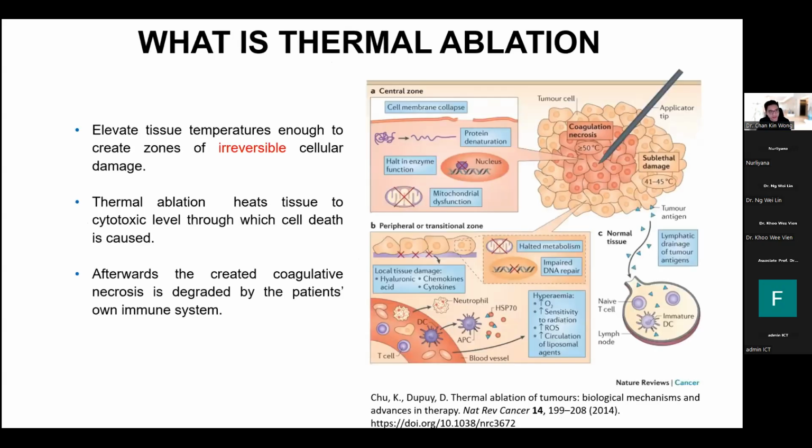And what is thermal ablation? Basically, we elevate tissue temperatures high enough to create irreversible cellular damage. Thermal ablation heats tissue to cytotoxic levels, which causes cell death, followed by coagulative necrosis, and the tissue is degraded by the patient's own immune system.